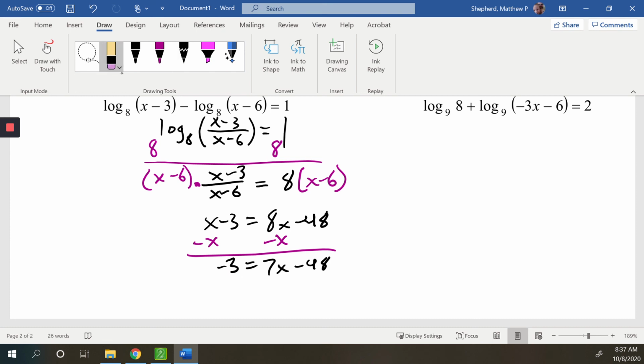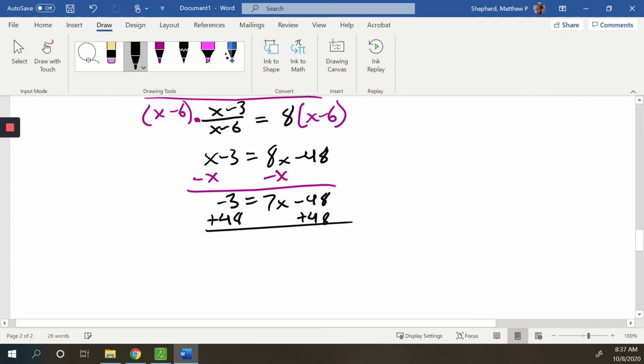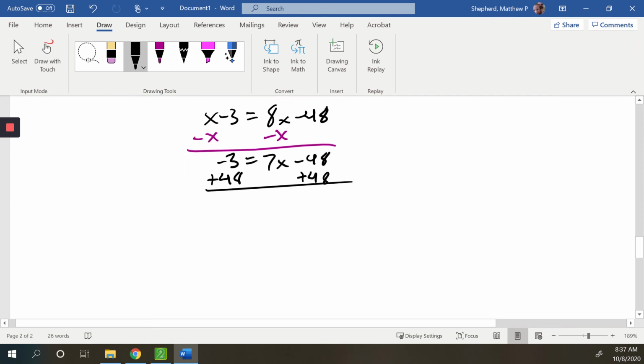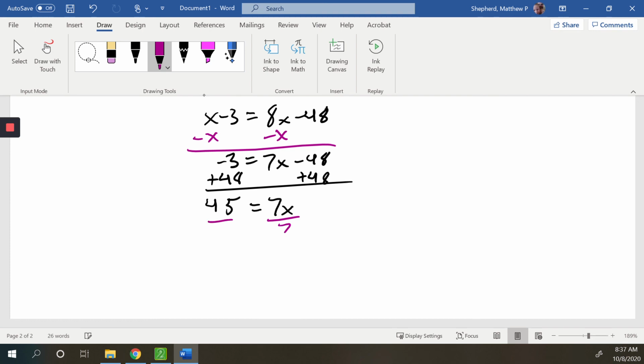Now we want to eliminate that 48, so let's add 48 to both sides. We will get 7x is equal to 45. Divide by 7. X is equal to 45 sevenths, I should say, sorry.